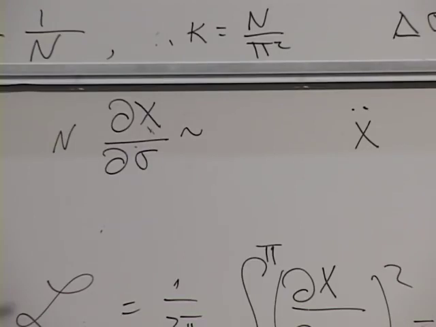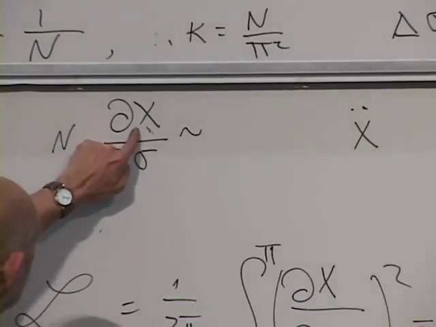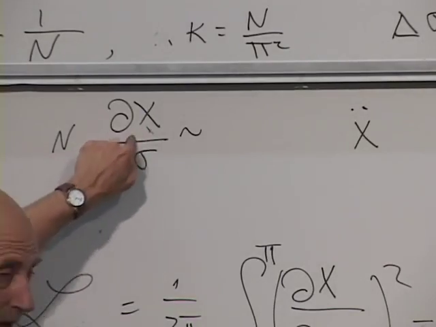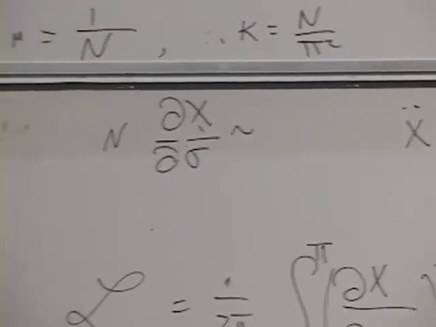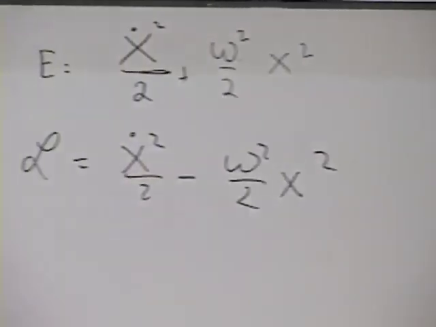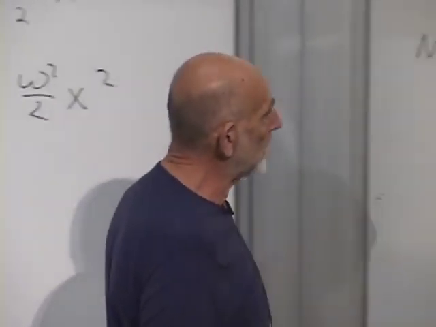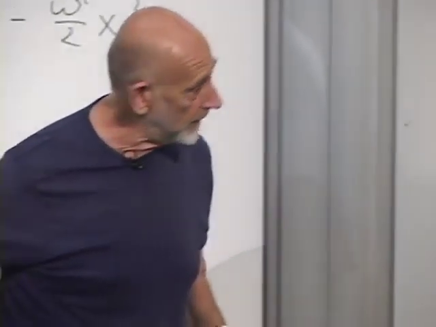The answer is that the right boundary condition at the end of the string is Neumann boundary conditions. So in order to prevent the string from having an infinite acceleration at the end point, which is quite unphysical, you impose Neumann boundary conditions. The dx by d sigma is 0 at the endpoints.